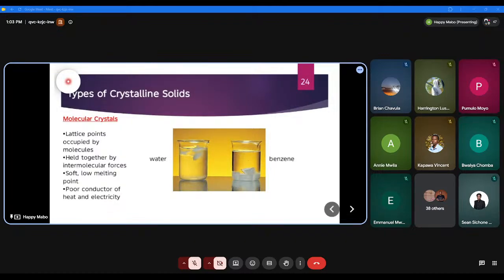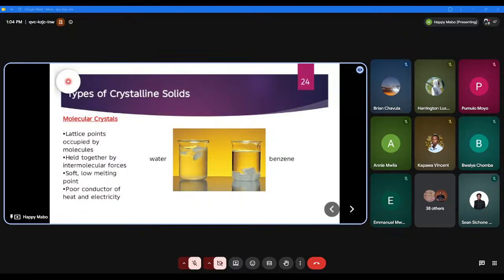What we have are individual molecules in the structure which are held by intermolecular forces. So when you look at the individual molecules in this type of crystals, and you examine the forces that are holding the structure itself, you are looking at intermolecular forces.